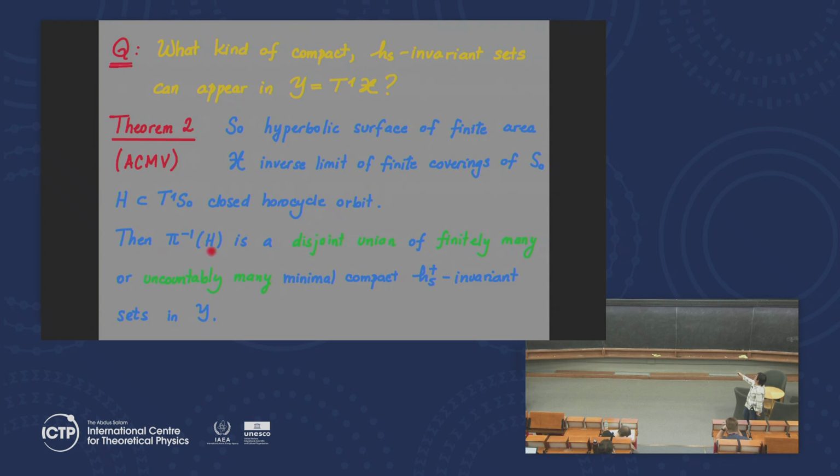Well, this is a compact set which is invariant under the horocycle flow, of course, but it's not just any old compact set. First of all, it's a disjoint union of minimal sets.